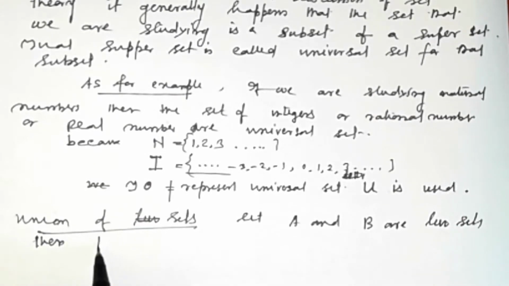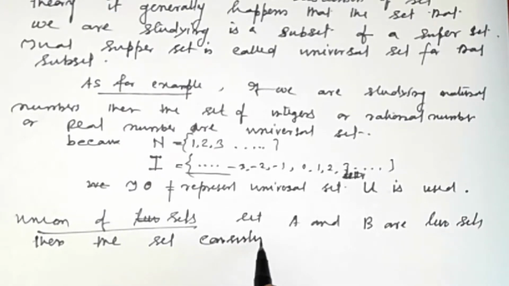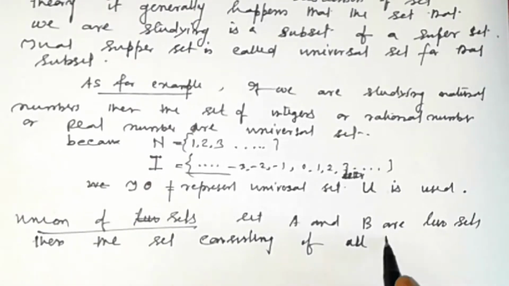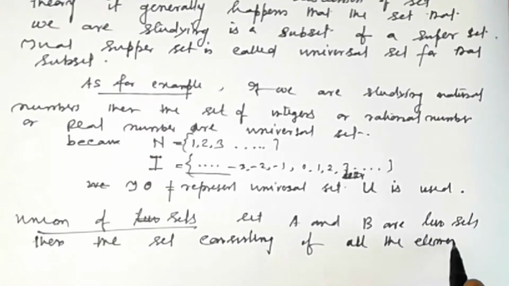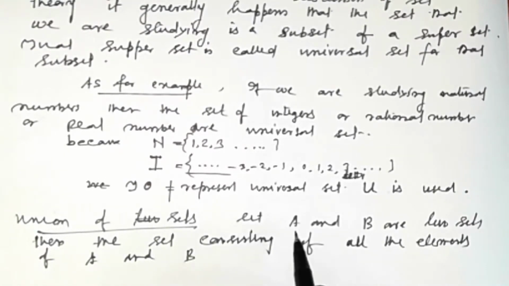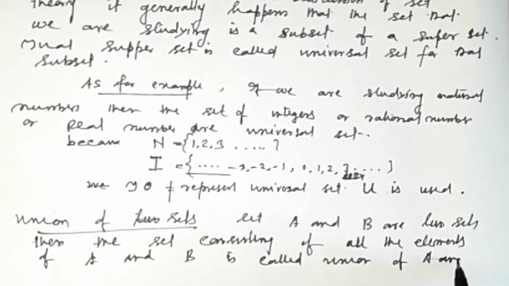Then the set consisting of all the elements of A and B is called union of A and B.